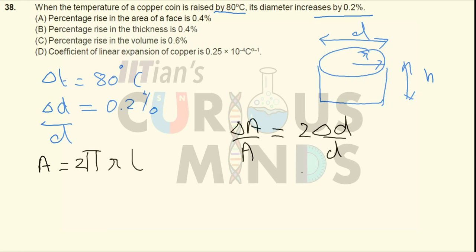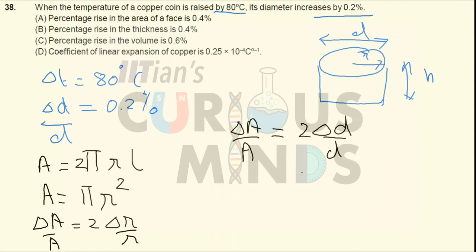If I take only the percentage rise in the area of a face, for one face it will be equal to pi r square. So delta A by A will be equal to 2 times delta R by R, which is equal to 2 times delta D by D. So basically it will be equal to 2 times 0.2, which is equal to 0.4%. So option number A is correct here.